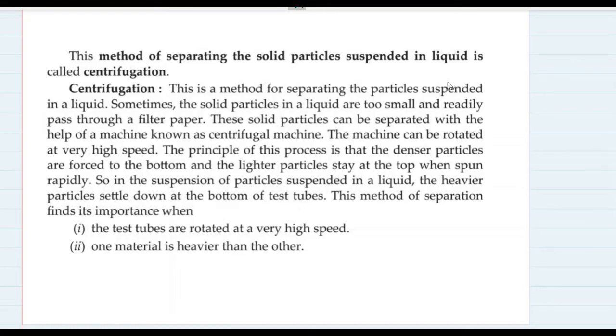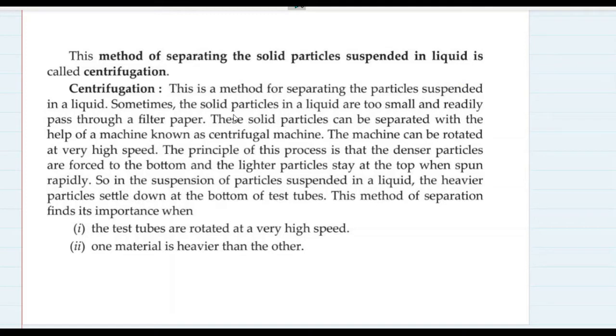No. Centrifugation can be used for colloids and suspensions, in which the particles are suspended. The components of colloids and suspensions can both be separated by centrifugation. The solvent in both cases must be liquid and the solute must be solid.